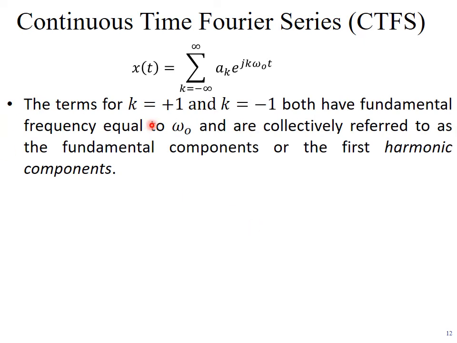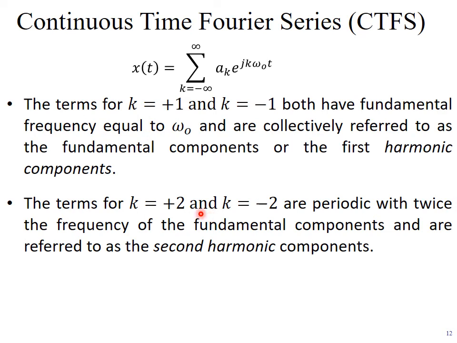So the terms for k equal to plus 1 and minus 1 both have the same fundamental frequency omega naught. Similarly, the terms having k equal to plus 2 and minus 2 have the same frequency, which is 2 omega naught. So collectively, we refer to the terms having k equal to plus or minus 1 as the fundamental harmonic component.